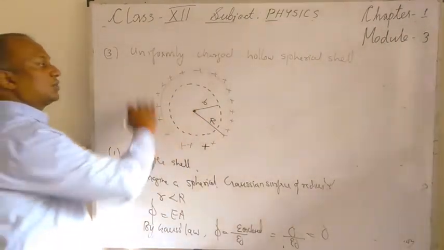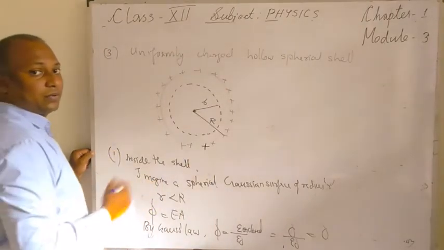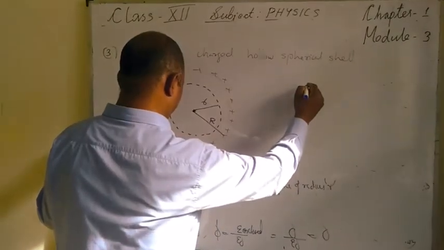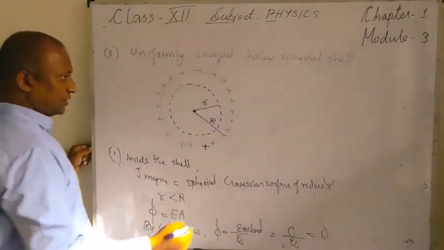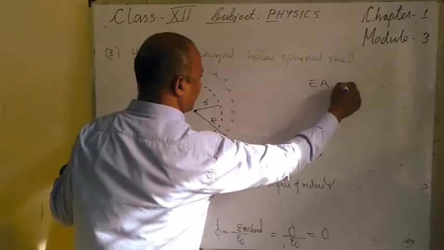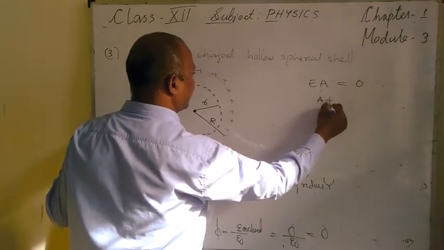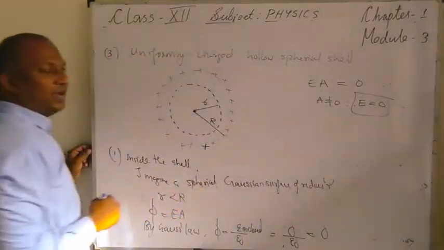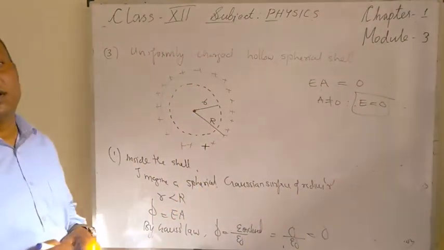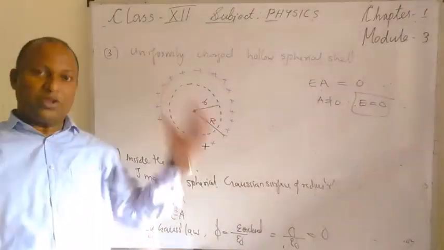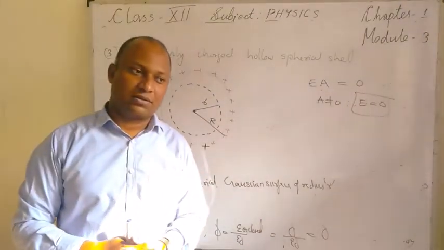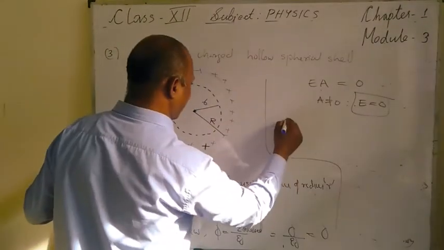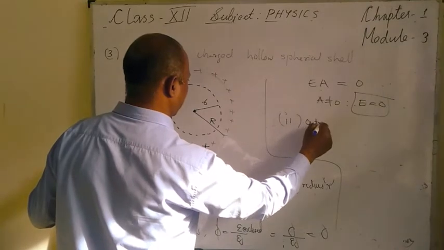Every charge is on the surface because it is a hollow spherical shell. Comparing both equations, E into A must be equal to 0, and the area is not equal to 0. Therefore the electric field intensity inside a spherical shell, even though it is fully charged, is 0.